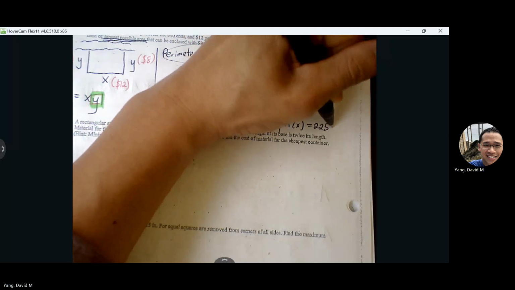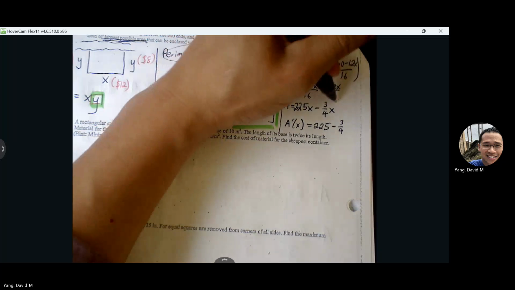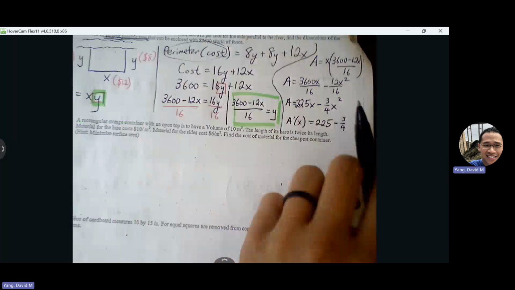So A prime, power rule. Sorry, it's 3/4 x squared. I forgot to distribute that x through the second one.